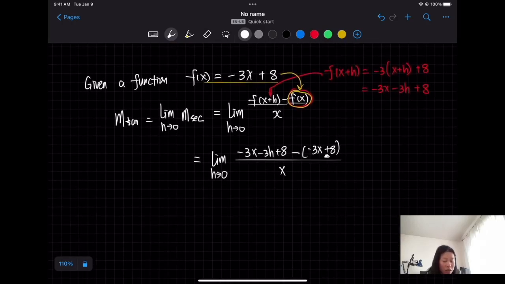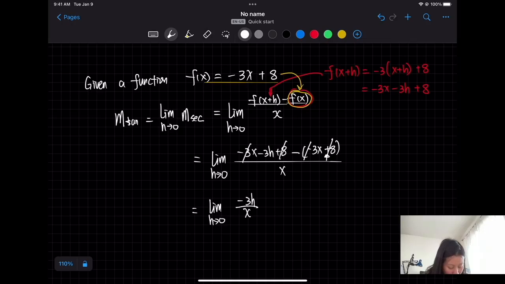This is very common based on my experience in college algebra or pre-calculus classes. Okay, so as we continue to simplify, we cancel these two. So I have negative 3h over h. By the definition, this should be divided by h.